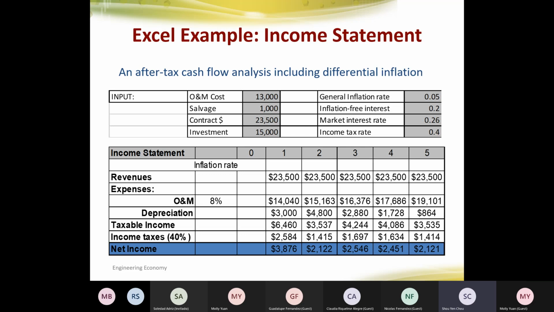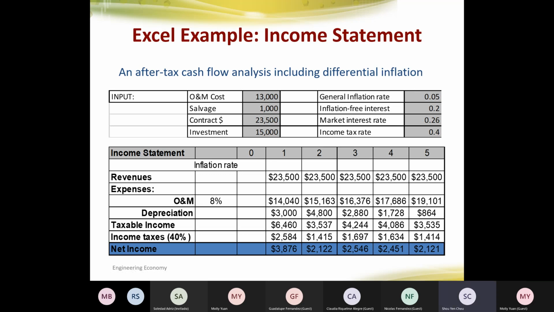Depreciation is allocated previously, right? And then we can compute our taxable income. Operating costs will be increased, but revenue may still stay the same. Okay, and we can compute taxable income. Then we'll get our income tax.